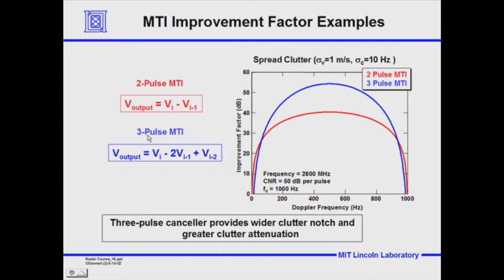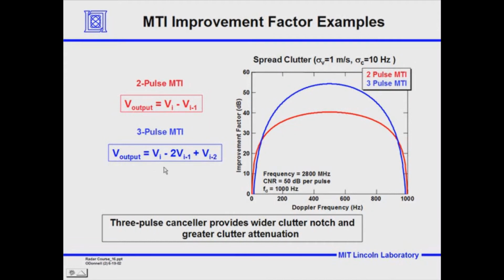Now, if we integrate 3 pulses, a 3-pulse MTI is just taking the residue of 2 adjacent 2-pulse MTIs and subtracting them. So 3 minus 2, you get a residue. Then you take 2 minus 1, you get a residue. You subtract them.